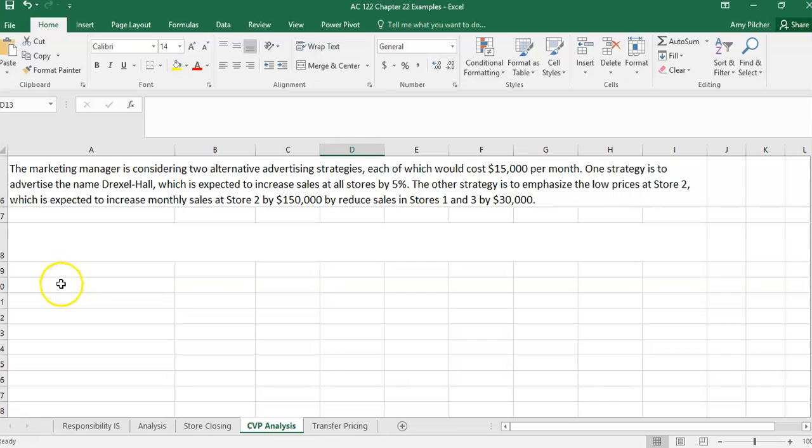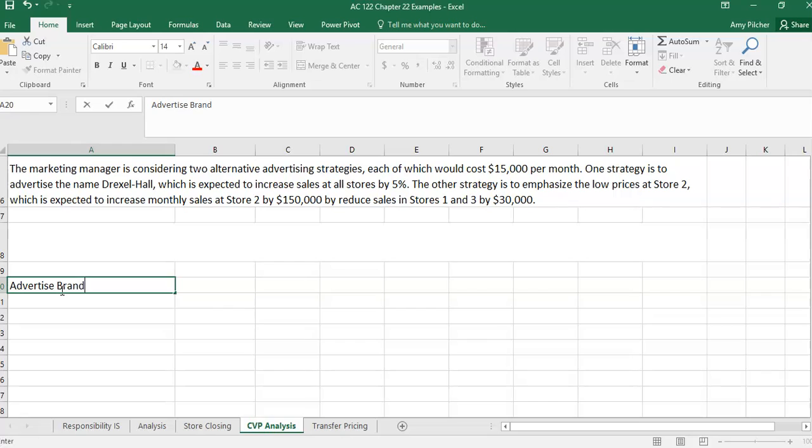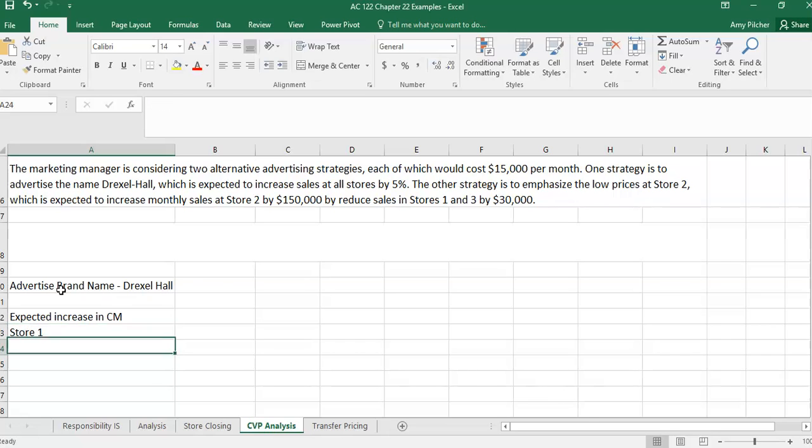Our first strategy: advertise the brand name Drexel Hall. We're going to increase sales at all three stores by 5%, and our contribution margin by 5%.